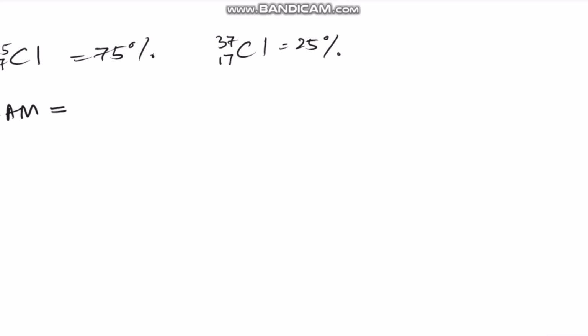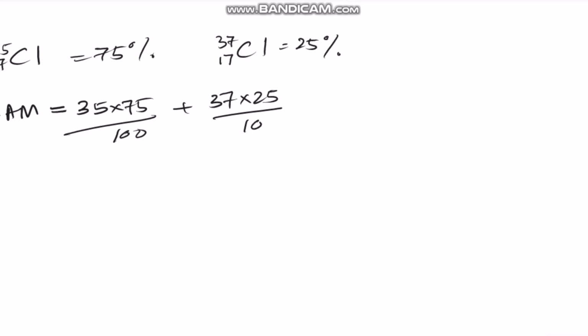So what we do is 35 into 75% plus 37 into 25%. The RAM value comes as 35.5. That 35.5 is the one we use in the periodic table. When you take a periodic table, you can see the mass number of chlorine is not 35 or 37, it says 35.5.